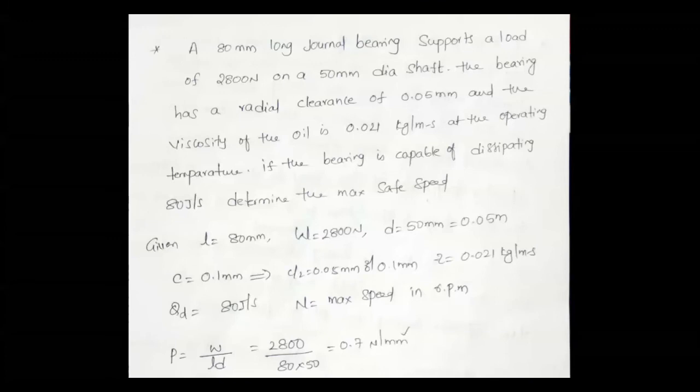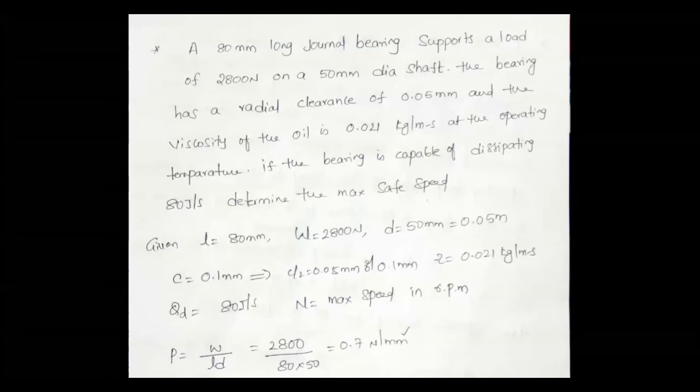Whenever you have a problem with the amount of heat generated and the amount of heat dissipated, normally we equate those two terms. The amount of heat generated equals the amount of heat dissipated, unless it is artificial cooling.